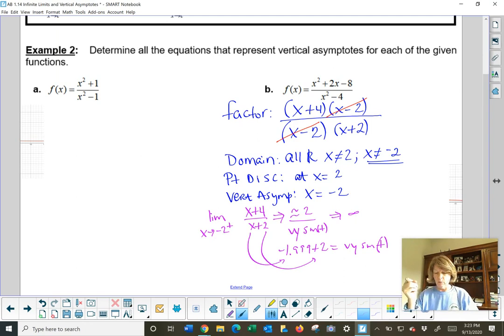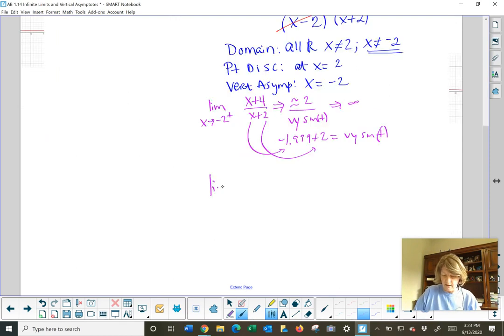If I wanted to know what's happening on the other side of -2, then I've got to do an analysis of that. The limit as x approaches -2 from the left of x plus 4 over x plus 2 gives me, on the top, if I put -2 plus 4, I'm getting roughly 2 again, right? Really small numerator.